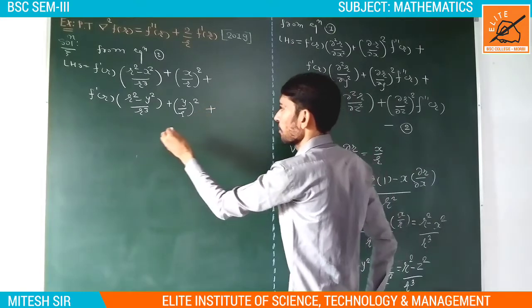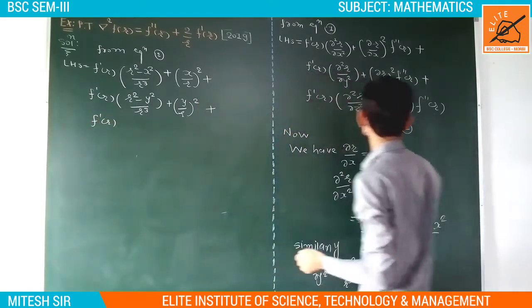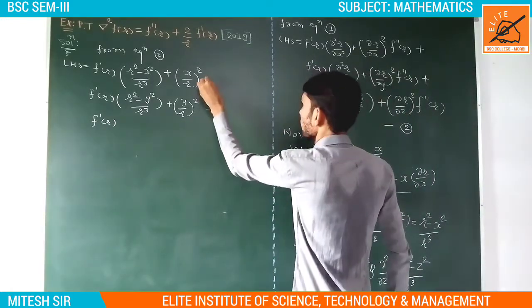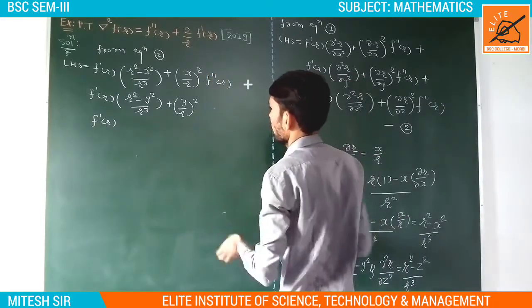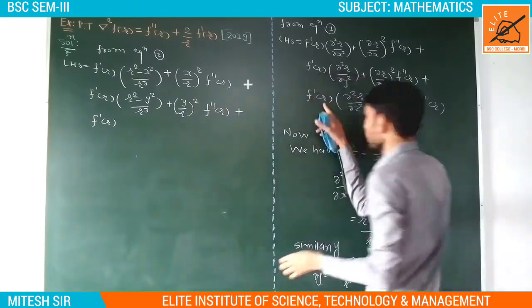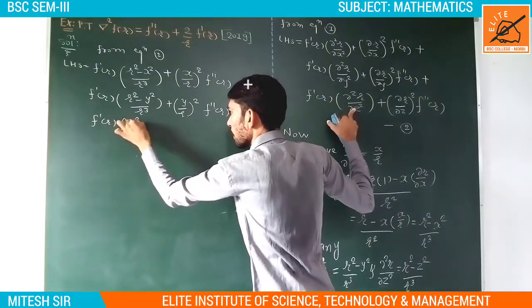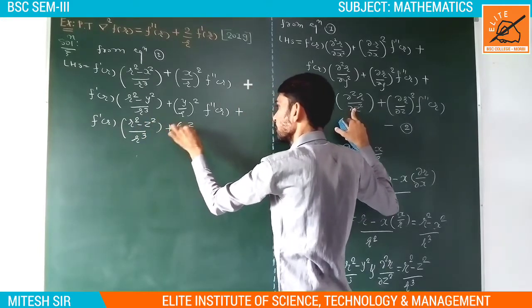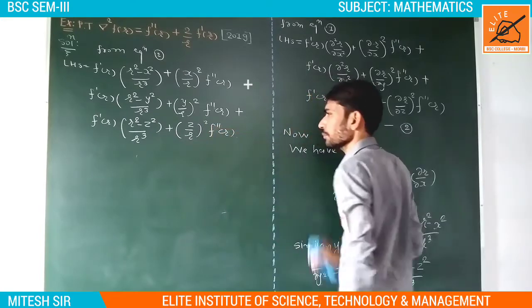Plus, similarly we write value for last term f dash r, and here I mean the second order derivative in multiplication f double dash r plus f dash r as it is, del square upon del z square is r square minus z square upon r cube plus z by r square into f double dash r.